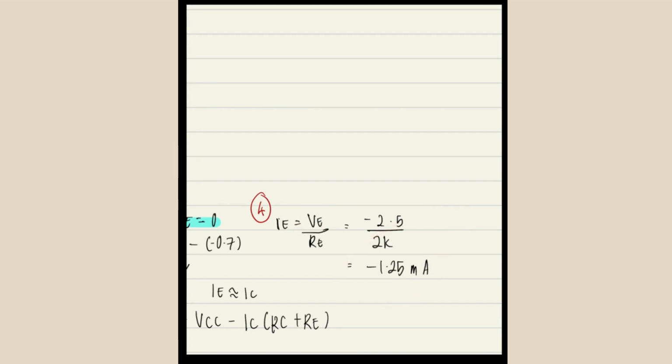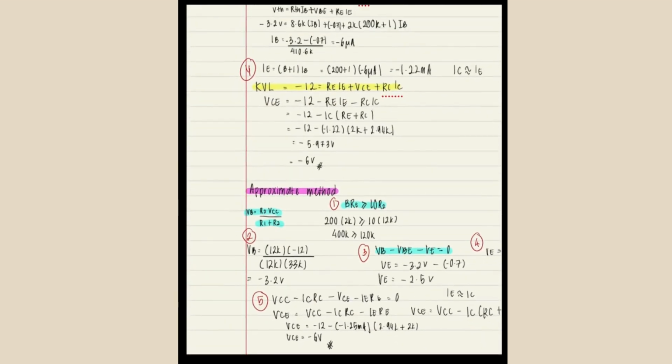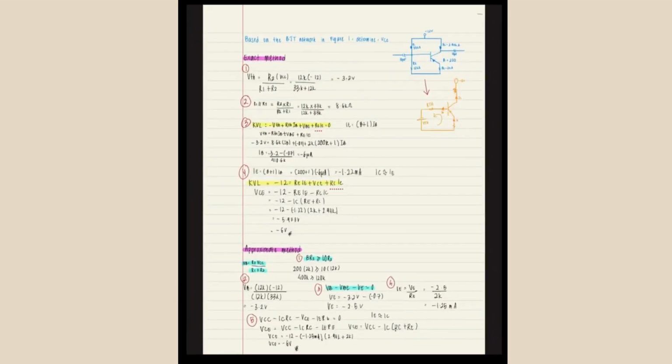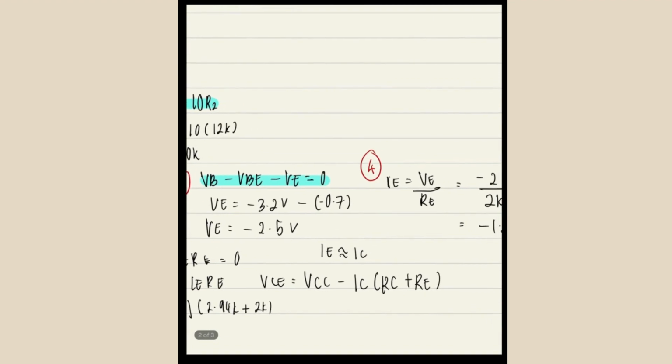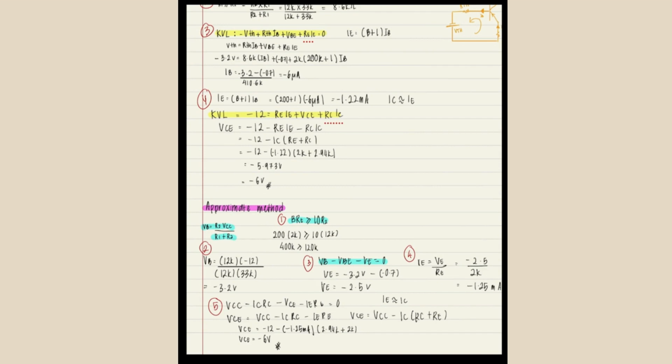And lastly, we want to find VCE by using KVL in this loop, and we know that IC and IE are the same, so we use IE, negative 1.25 milliampere, put the values into the formula and get VCE equals negative 6 volt.